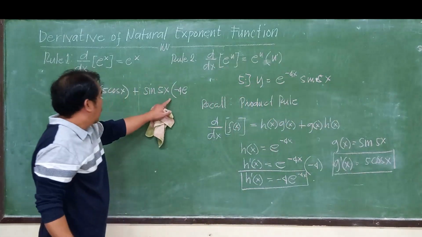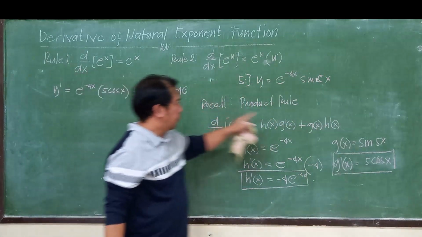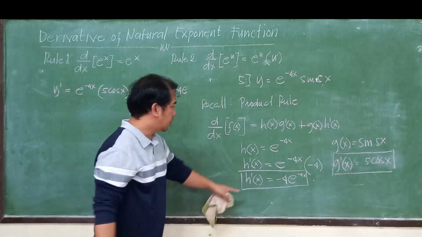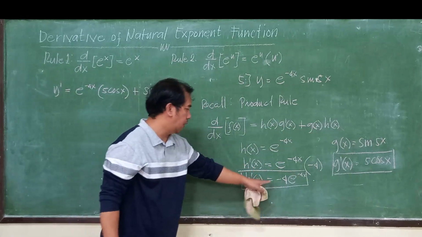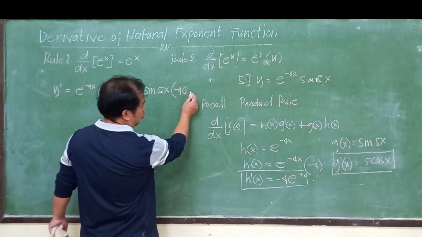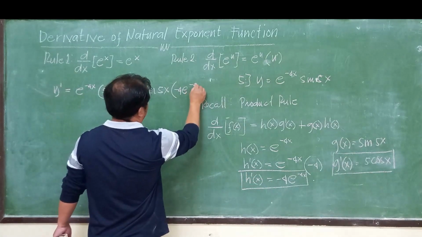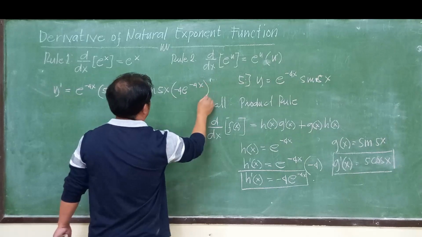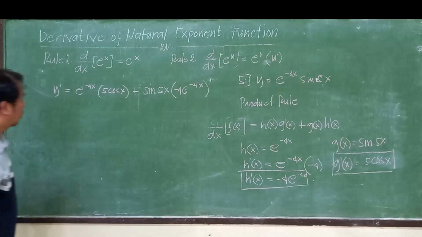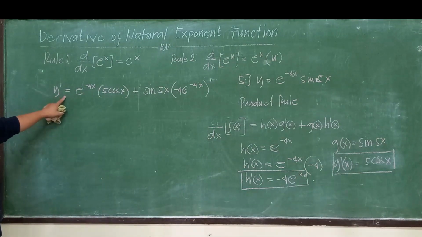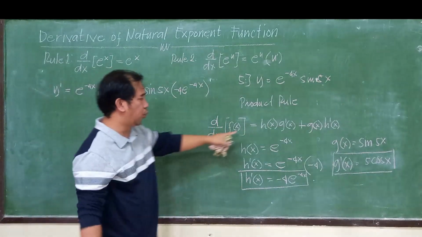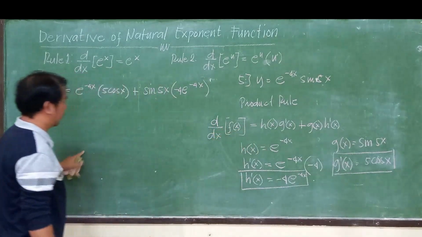So what is now the derivative of h of x? We have here h prime of x is negative 4e raised to negative 4x. Having said that, we can now multiply, following our product rule.